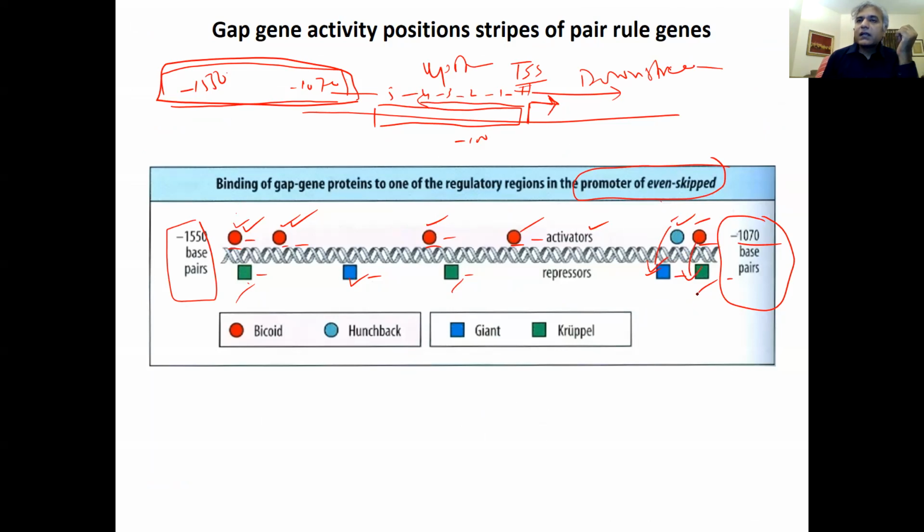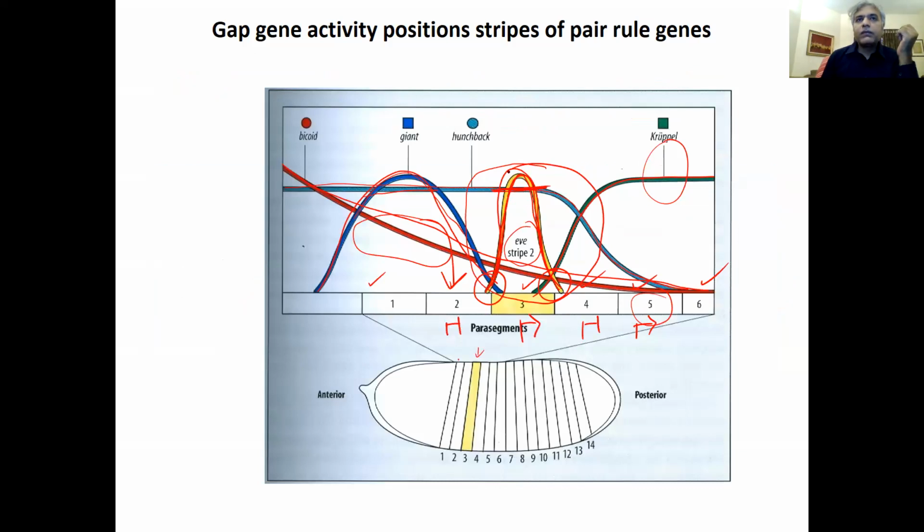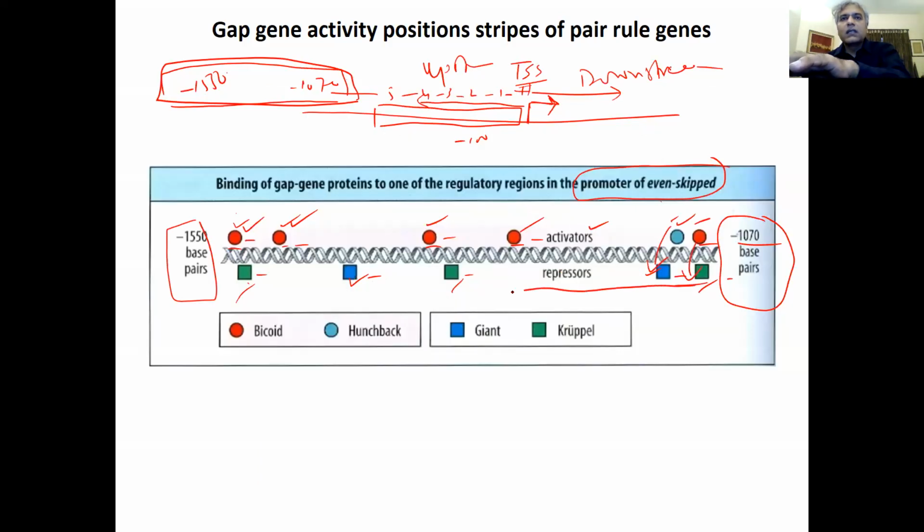It looks like when we have the least concentrations of giant and Kruppel in these cells, they will not be effective. They will bring the effect, but we cannot say this for every stripe of even-skipped. Clear? Yes, sir.